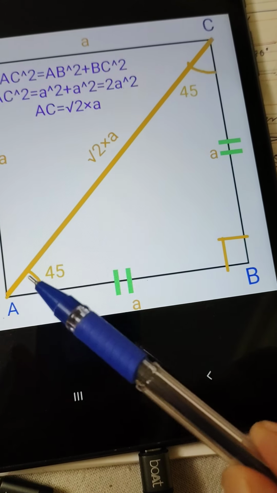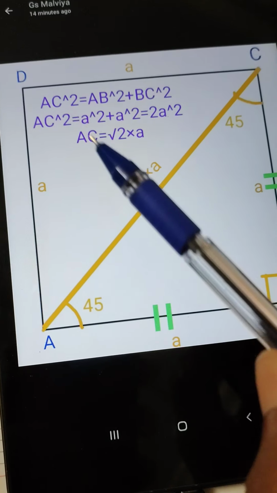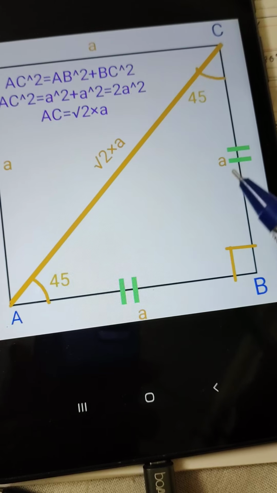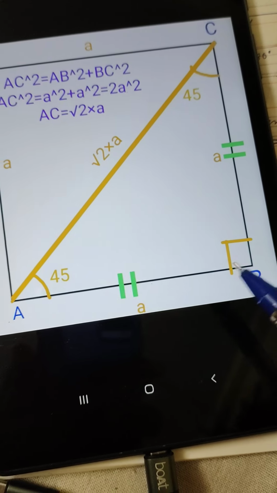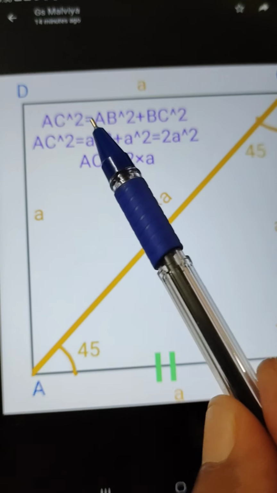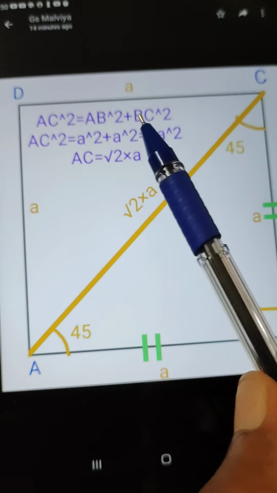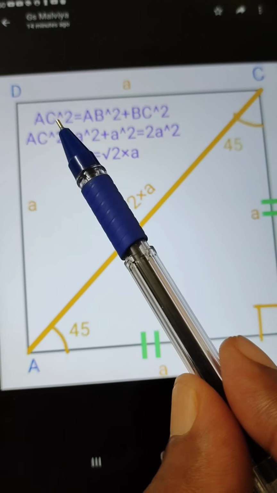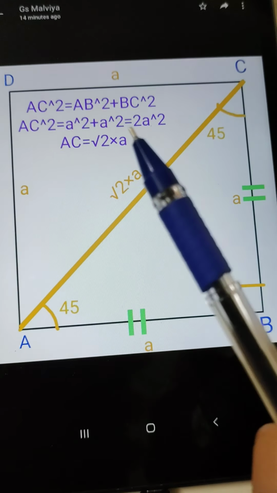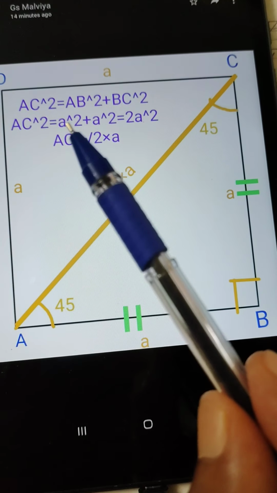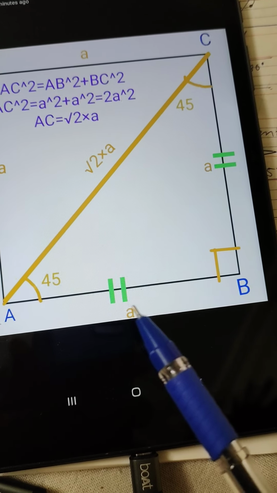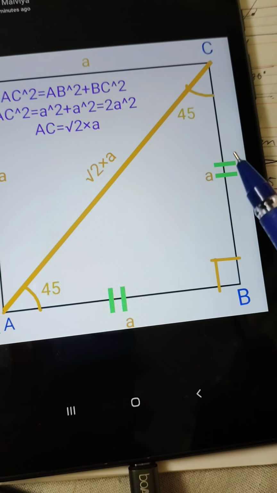So the square on the hypotenuse means AC square equals BC square plus AB square. So we just applied the Pythagoras theorem here. So AC square equals AB square plus BC square. Now AB square is a square and BC square is also a square.